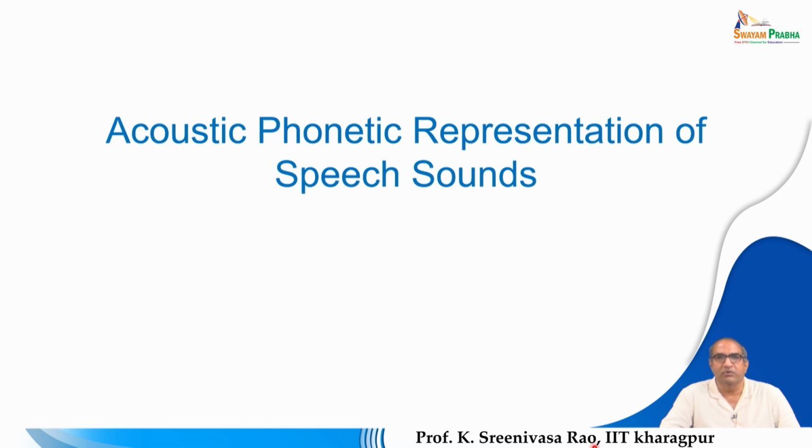Each sound unit is produced with various articulatory constraints and excitation source requirements, and we will see how the constraints offered by various articulators are reflected and present in the acoustic signal. That is what we will observe in this lecture.